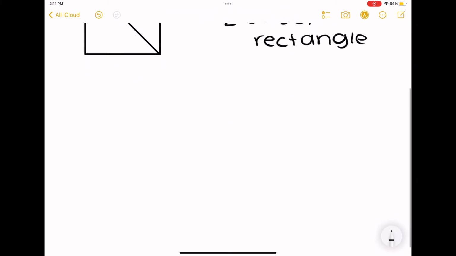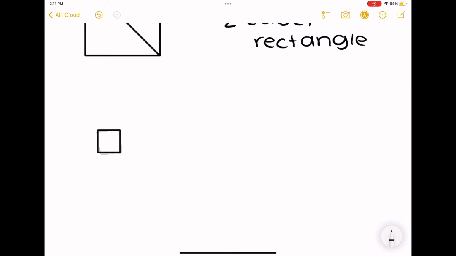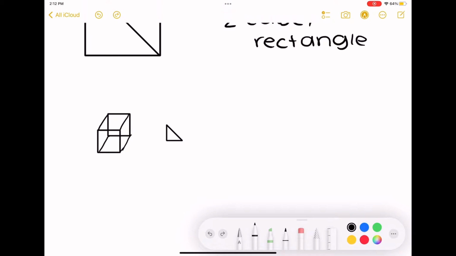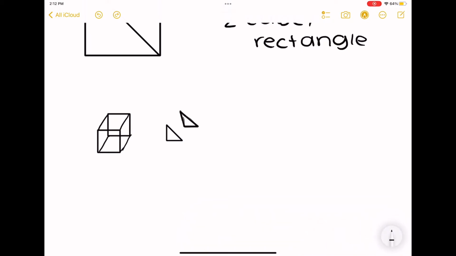Now, a very similar concept applies when we're talking about rectangular prisms. So let's say I have this cube here. Well, the triangular prism is simply half of this rectangular prism.